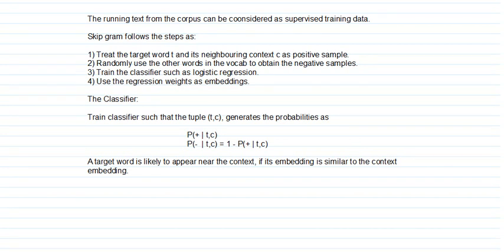So each of this t may be now assumed as a vector or a random vector, right? So this similarity of t comma c is used in place of t dot c actually. So t dot c is the dot product, right? So similarity we know is the dot product.